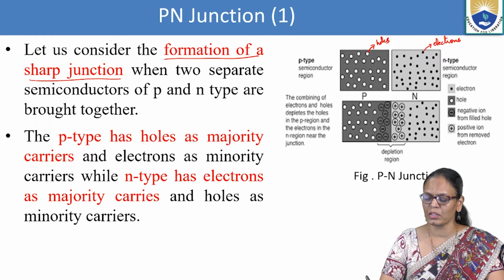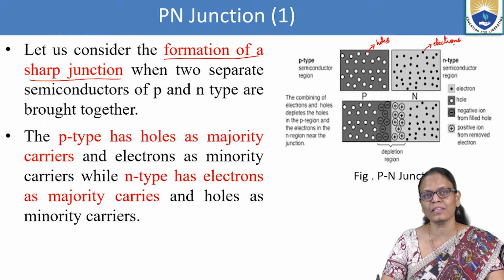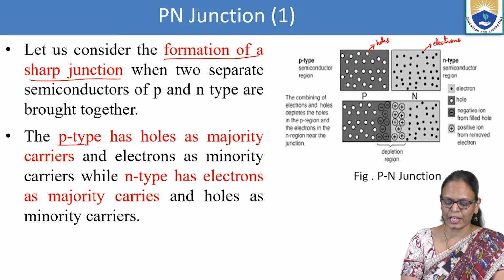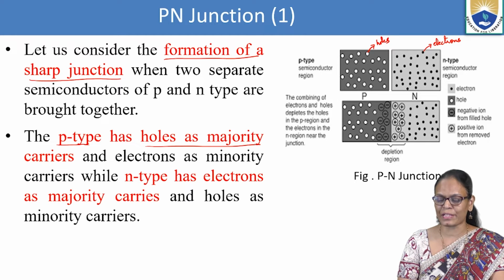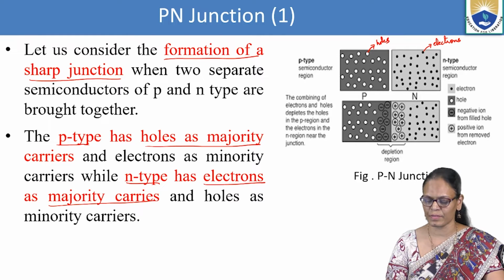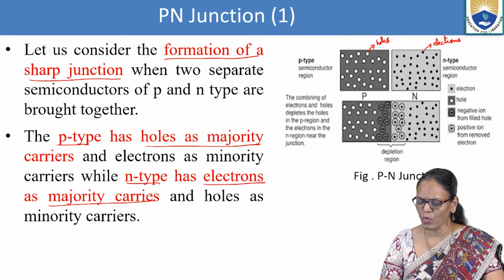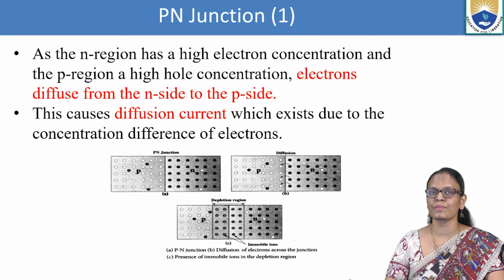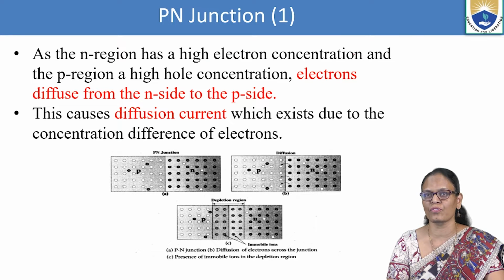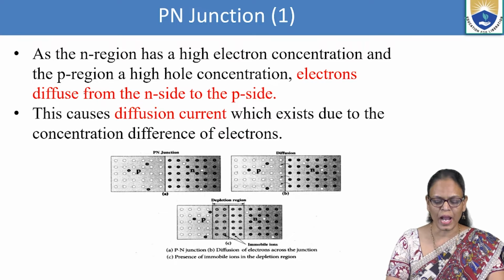So the majority carriers in N-type are electrons and the minority carriers are holes. What we need to understand is that in P-type, holes are the majority carriers, and in N-type, electrons are the majority carriers.